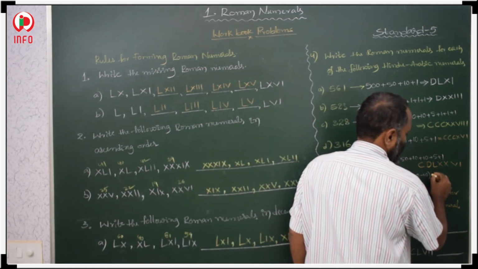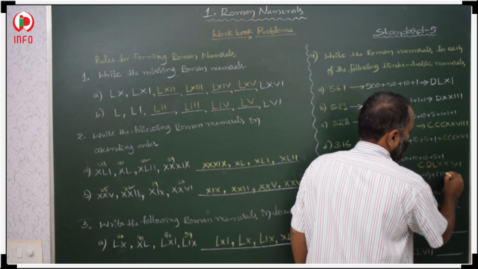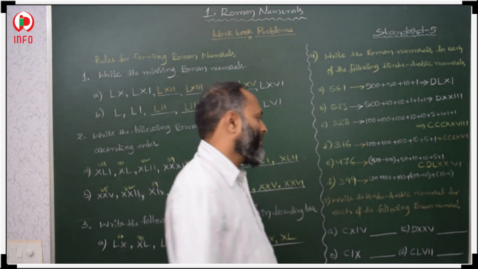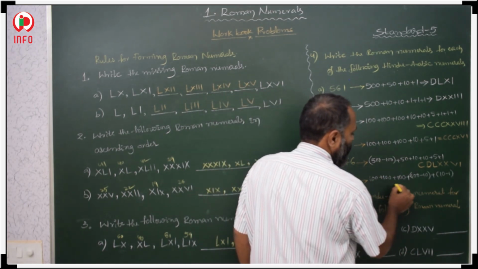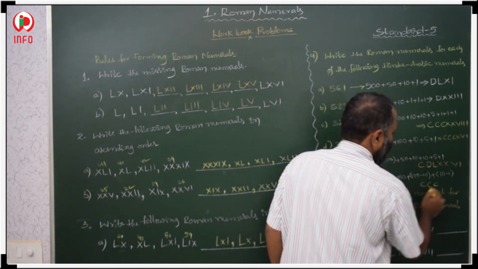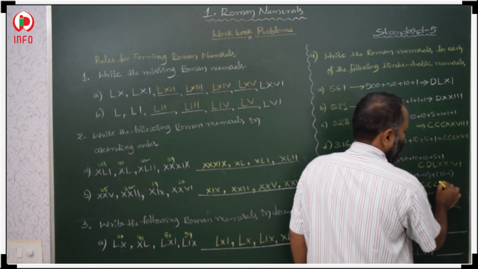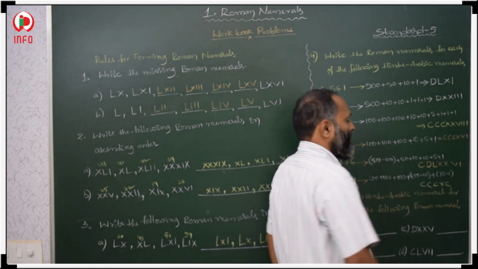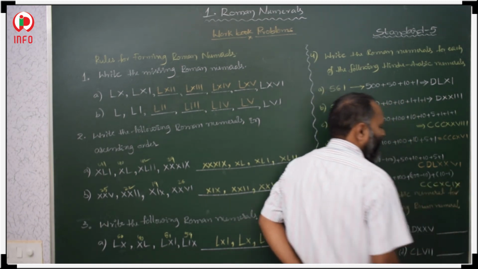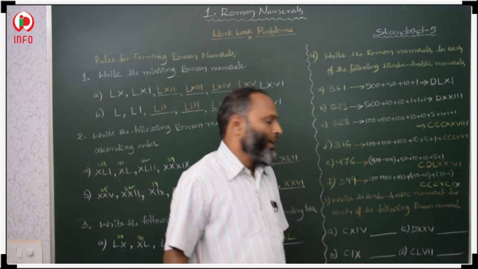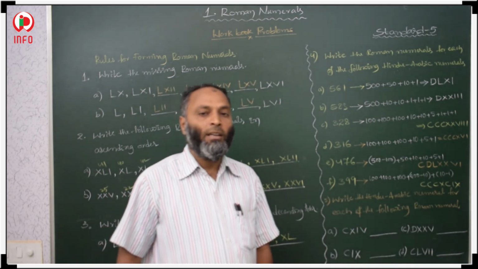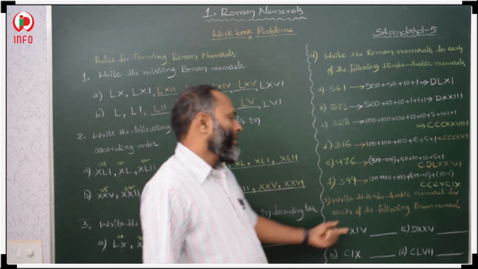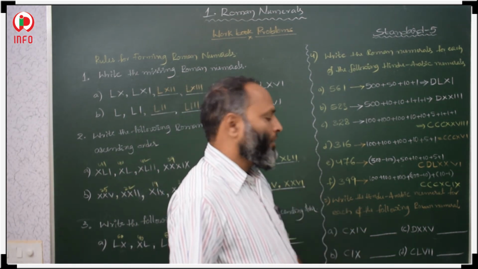How to write 9? 10 minus 1 is 9. Then 100 means C, and 100 minus 10 means XC. XC means 90, and 10 minus 1, 9, is IX. This is the representation of 399. Okay. Now, write the Hindu Arabic numerals for each of the following Roman numerals.